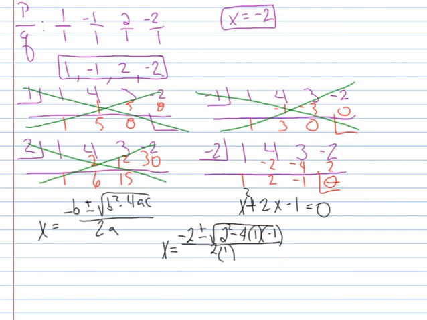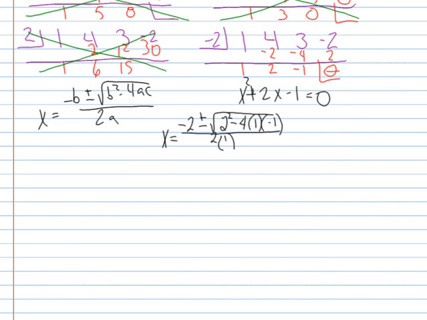When we simplify this, x is equal to negative 2 plus or minus the square root of 8 all over 2.